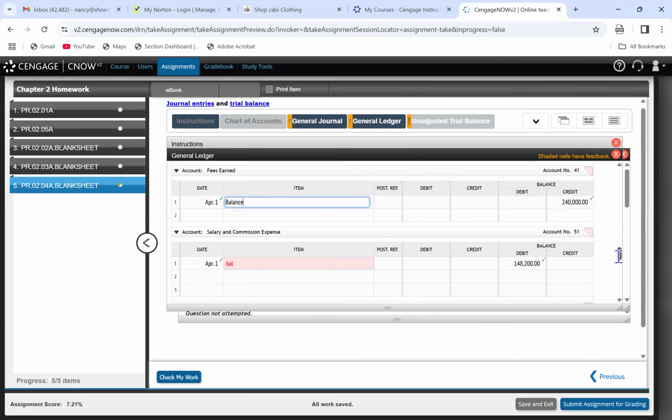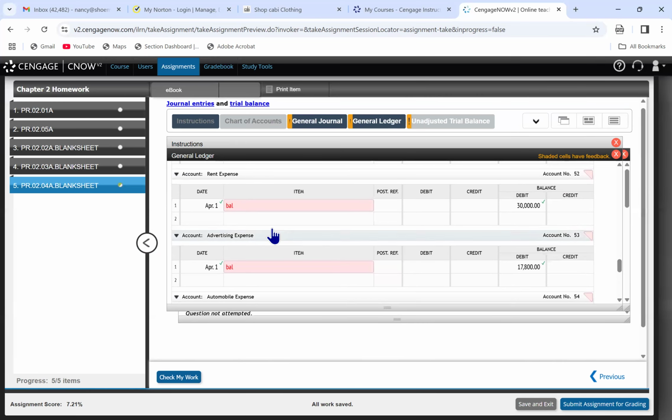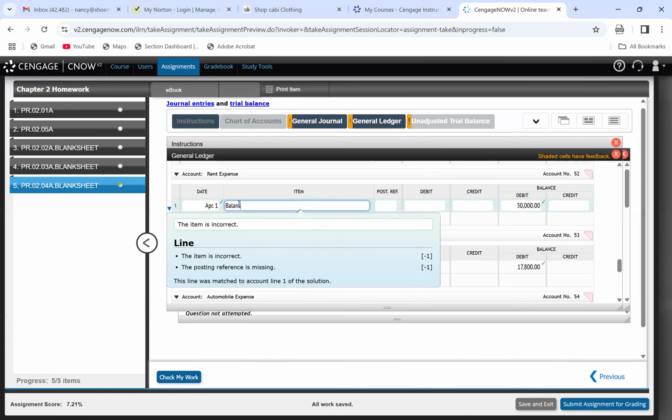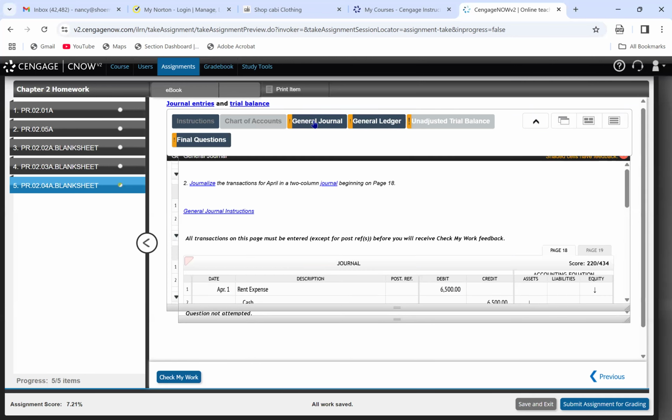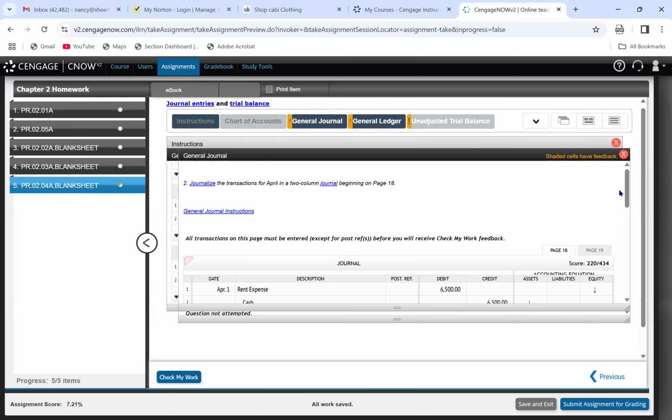So let's go down here for rent expense. And on April 1st, we are going to show 6,500, and we're going to carry this balance forward, 36,500. And the reference here, if we go to the general journal, that is going to be April 1st.